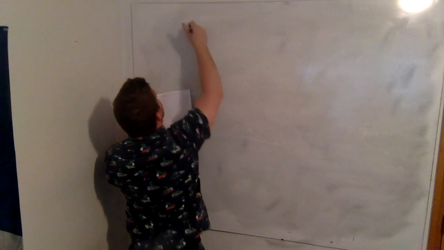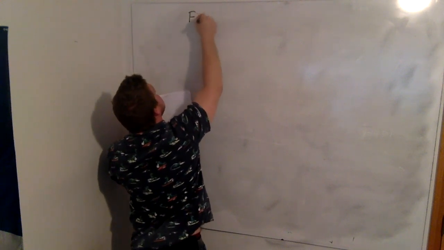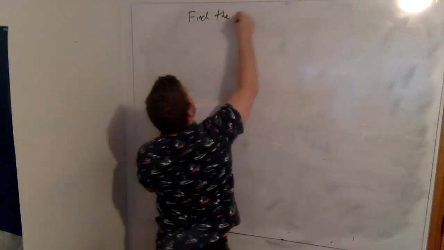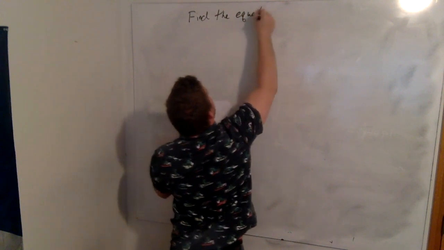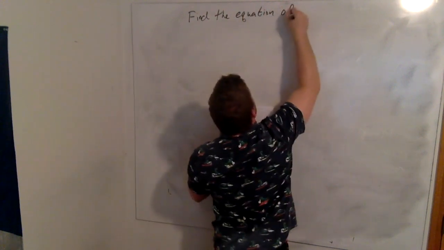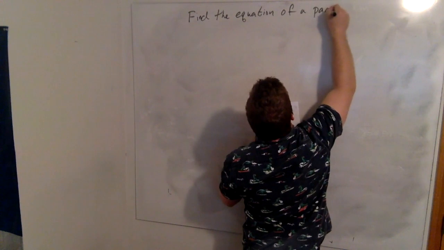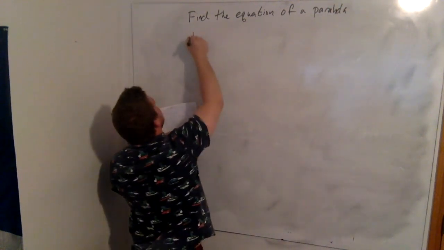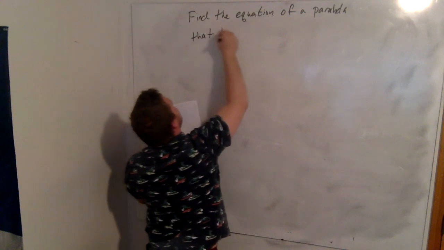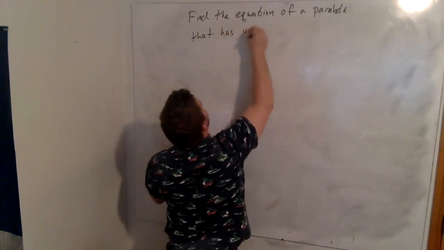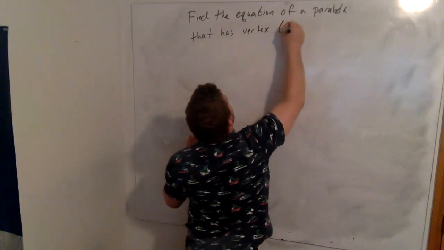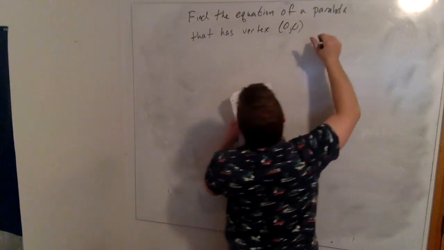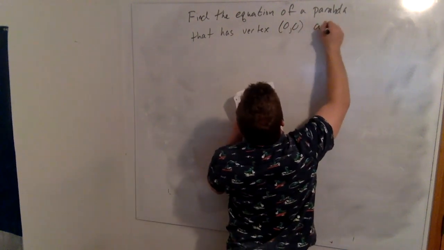Now find the equation of a parabola that has vertex at (0, 0) and satisfies the following.